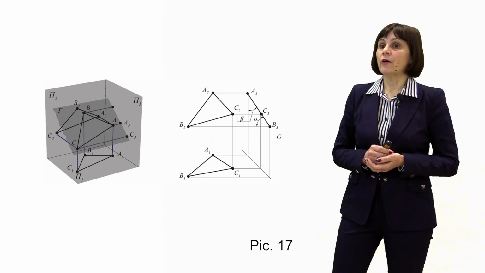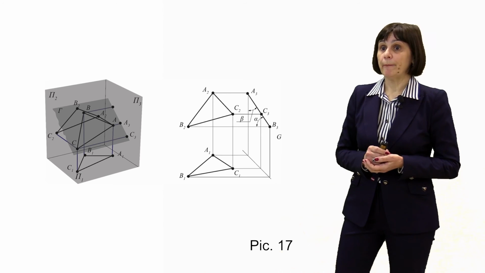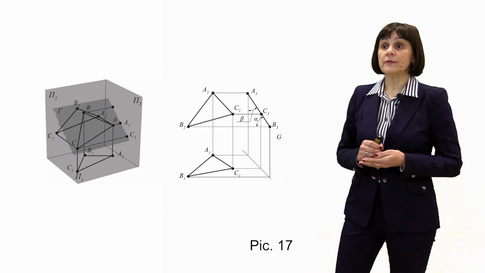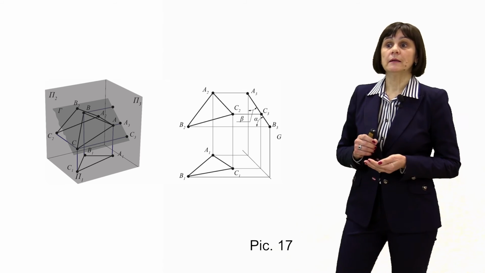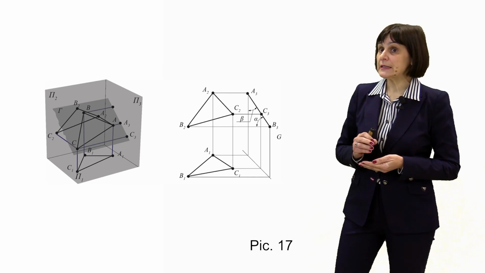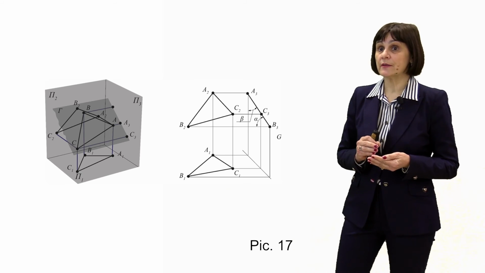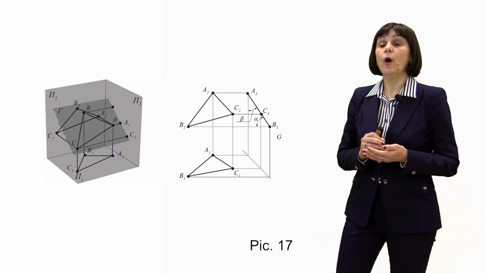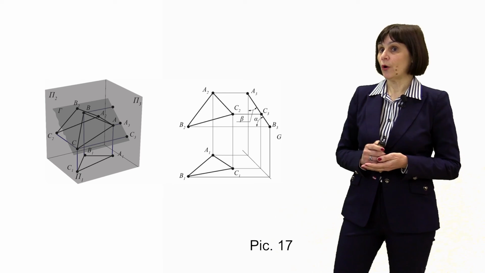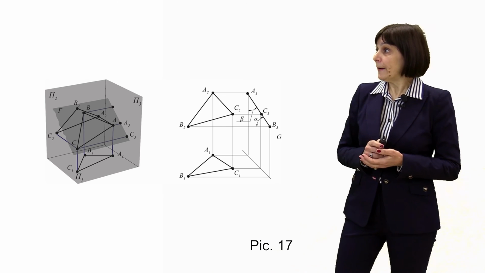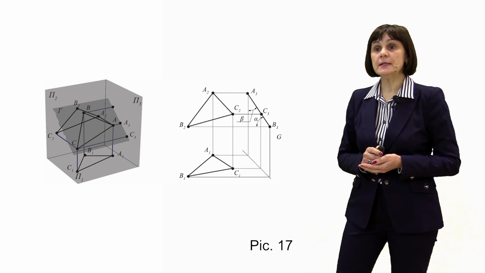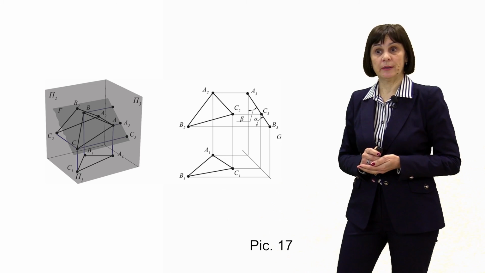And on the profile projection plane, pi 3, we have only a straight line. It's the trace of the plane G3. And on this straight line, we should project the vertices of triangle ABC. So on this straight line, on the profile plane pi 3, we get points A3, C3, B3.